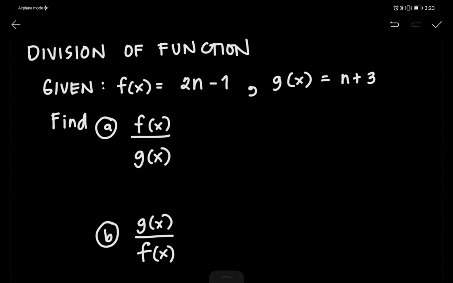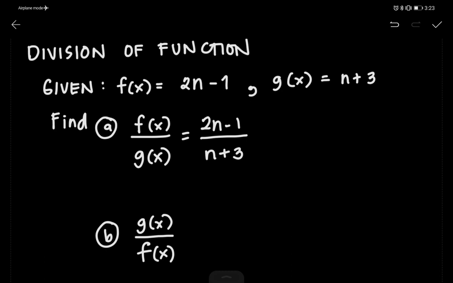Okay, so this time, let us process letter A. We have here f of x all over g of x. Same as usual, we're just going to substitute the value of our first function, f of x, which is 2n minus 1, all over g of x, which is n plus 3.